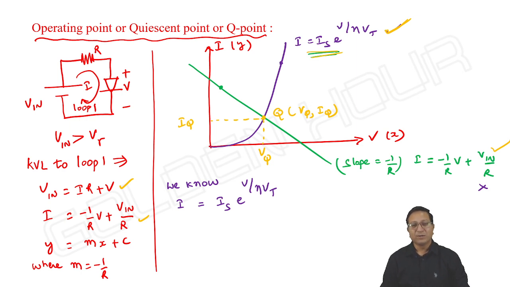Now I'm clearly specifying them. One is circuit equation, another is device characteristic equation, and only one set of values of voltage and current satisfy both the equations. That particular point is known as Q point or operating point. Means the device is conducting at a voltage of VQ and a current of IQ. That's the meaning of it.